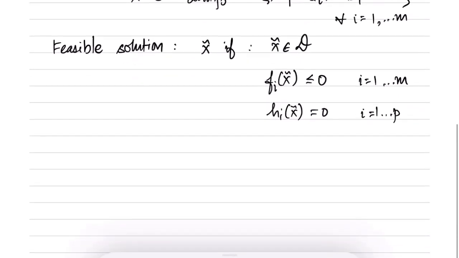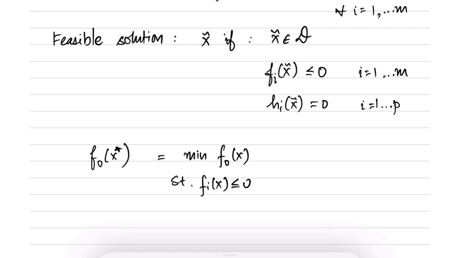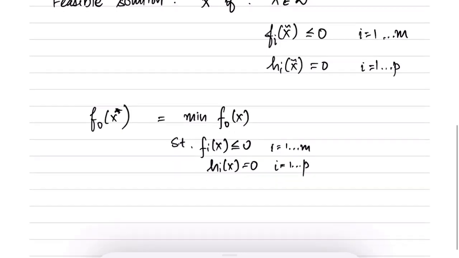Next, observe that f naught of x star, where x star, remember, was the optimum value, can also be written as the minimum of f naught of x subject to all those constraints, fi of x less than or equal to 0 for i equal to 1 to m, and hi of x equal to 0 for i equal to 1 to p. So this is f naught of x star.